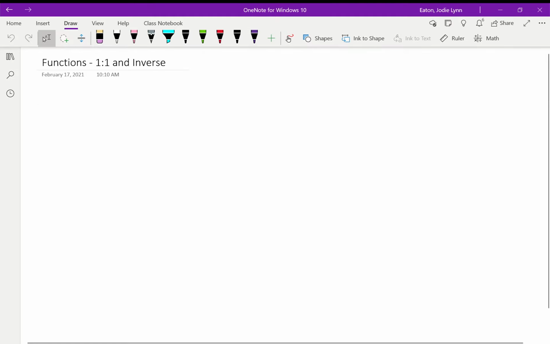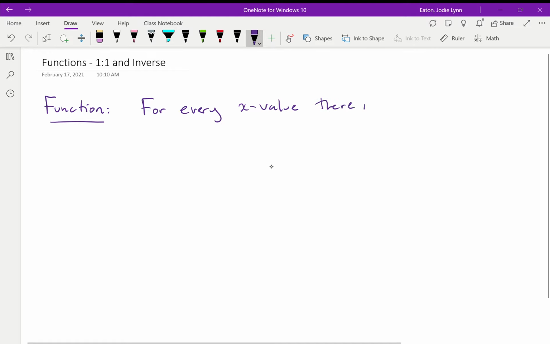As you may recall, a function has, for each x value, a unique y value.